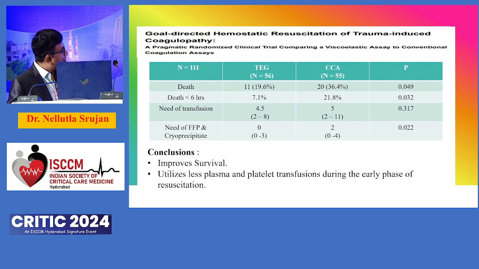As it's a trauma and they could detect early, definitely the TEG patients had an improvement. The need for transfusions was statistically not significant, but the need for FFP and cryoprecipitate was definitely changed. So the conclusion of this study is improved mortality, improved survival, and less platelet transfusion during the early phase of resuscitation.